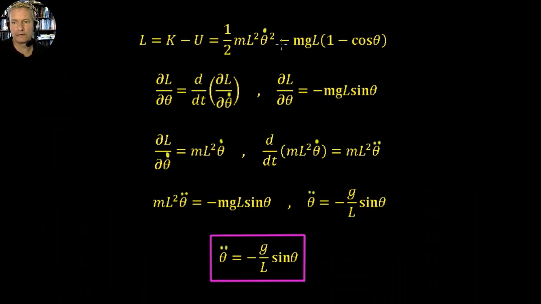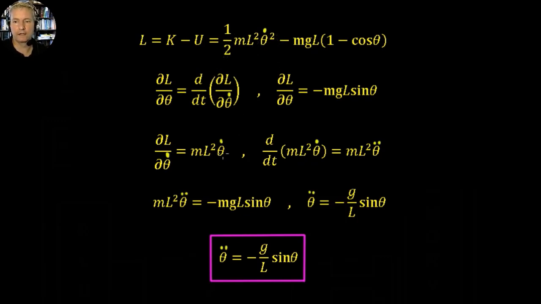Now we want to differentiate this equation here with respect to theta dot, so the only part of this equation that has dependence on theta dot is this part here. So the half and the m and the l squared are all constants. Whenever we differentiate the theta dot squared, it's going to be 2 times theta dot.